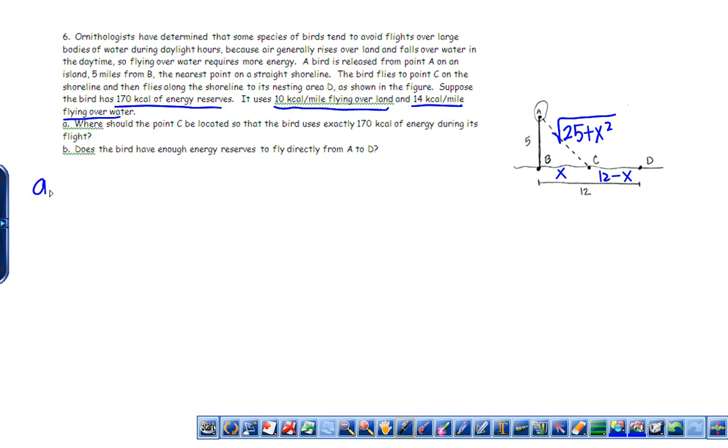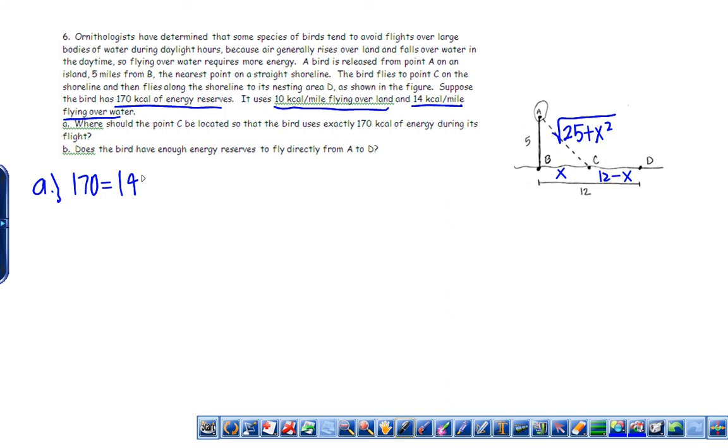So let's look at A. If he's got a total of 170 kilocalories, let's set that equal to the bird flying over water, and that takes 14, I'm sorry, not 17, 14.